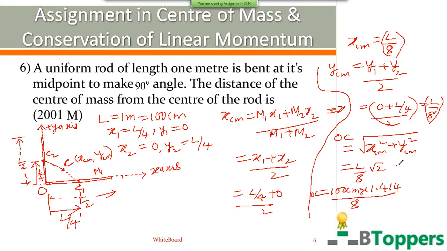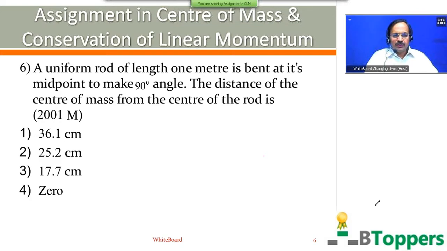Or in terms of L, you can also write it as L by 4 root 2. Copy down the calculation and complete it. In case you need more time, you can pause and take your time. So for question number 6, you get the third option as the answer.